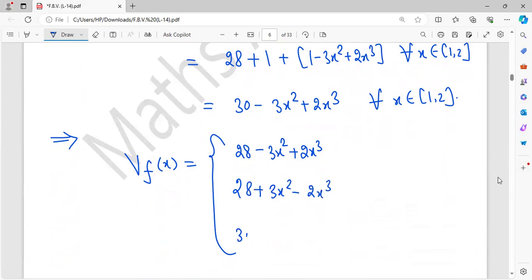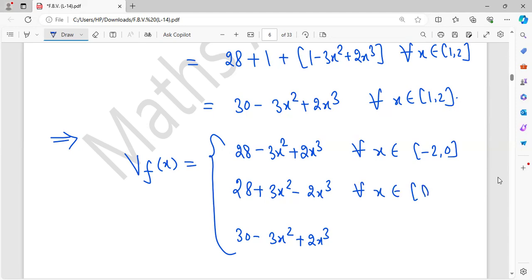And this is 30 minus 3x square plus 2x cube for all x belongs to minus 2 to 0, for all x belongs to 0 to 1, for all x belongs to 1 to 2.